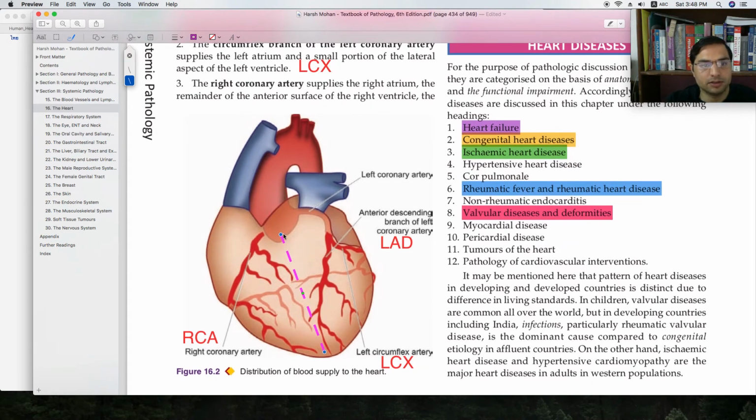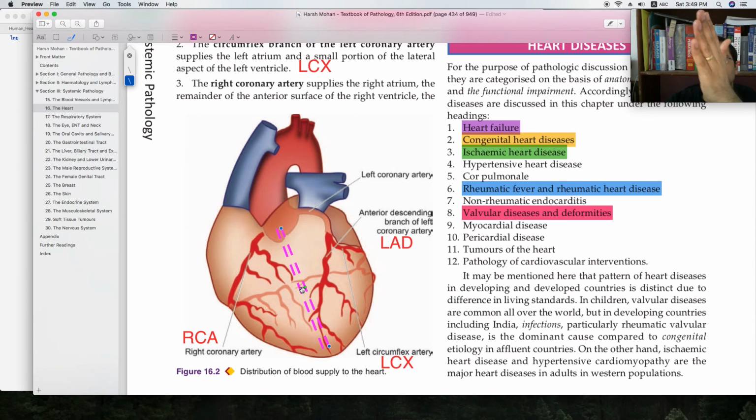So let us draw it like this. The anterior two-third is the anterior side.